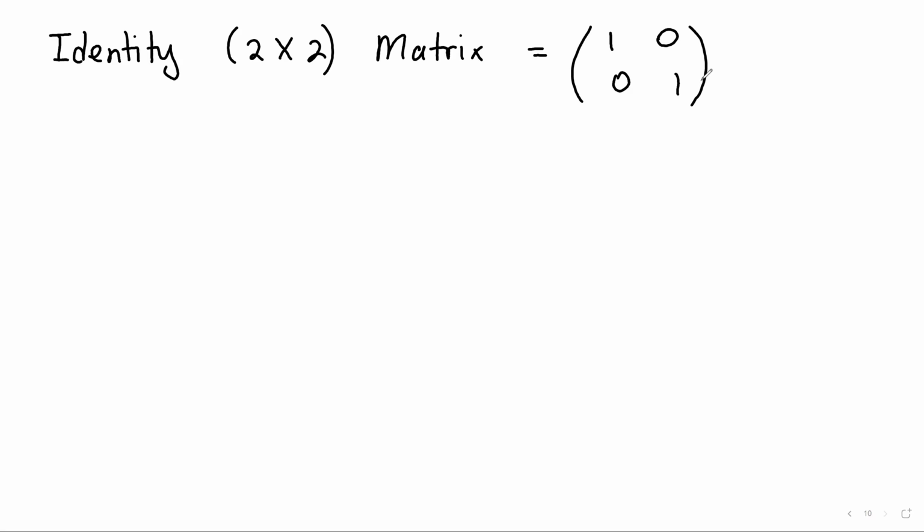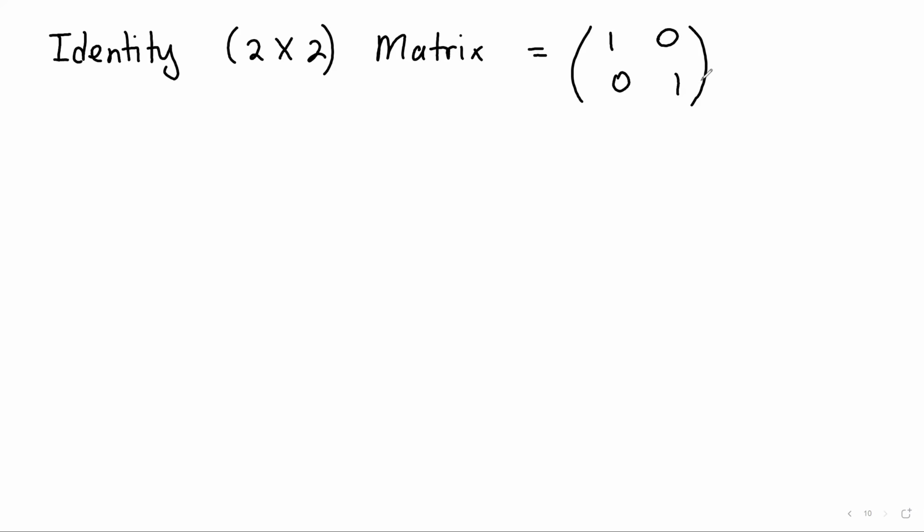So it's just like in the regular number system, the identity is 1. And if you multiply any number by 1, well, you get itself, right? You get that number. Similarly, in matrices, you have identity matrices, and when you multiply a matrix by the identity matrix, you get the original matrix, right?